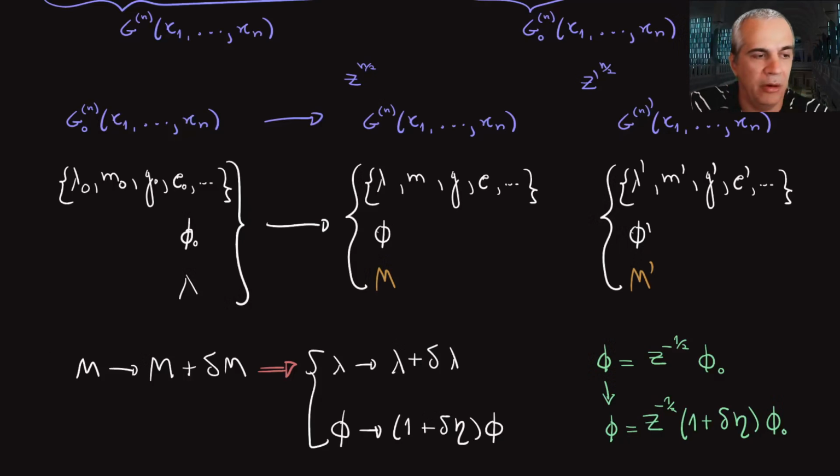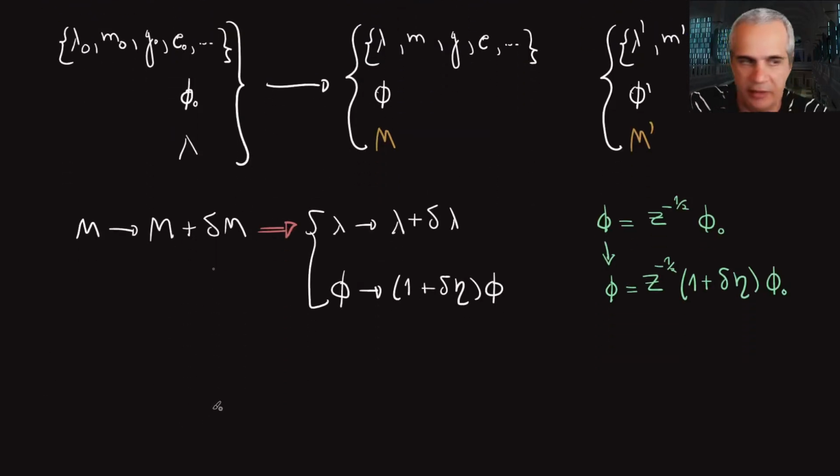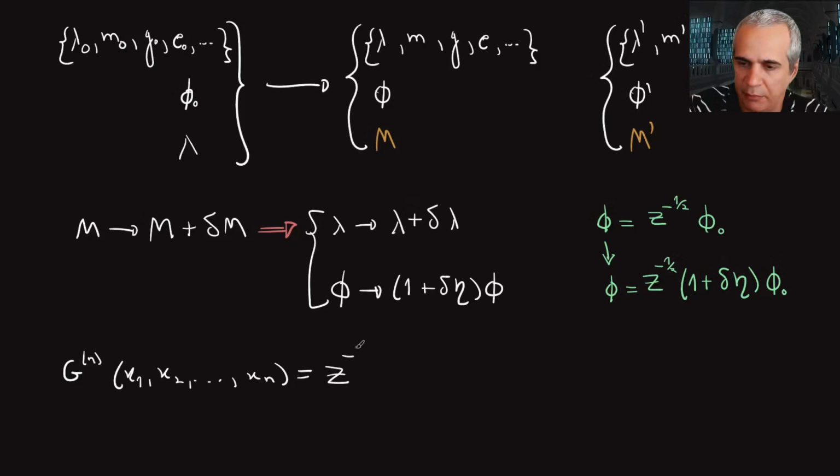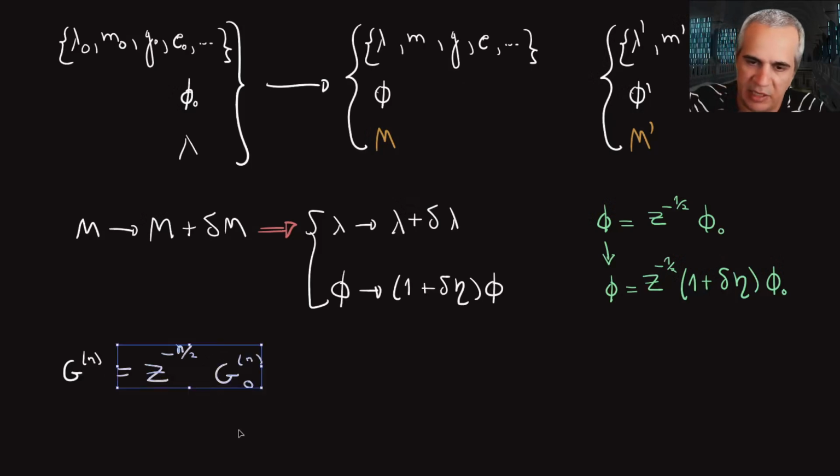So now the Green function, as I have written up there, the Green function in the renormalized theory is just Z to the minus n over 2 G_n^0. Let me remove this dependency on the position because that does not help us in any way.